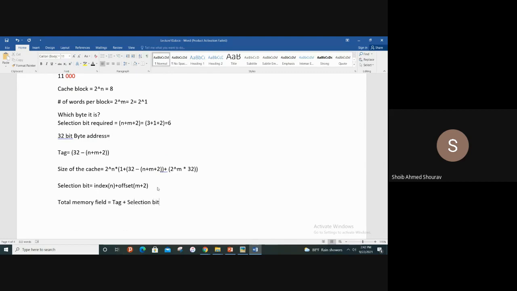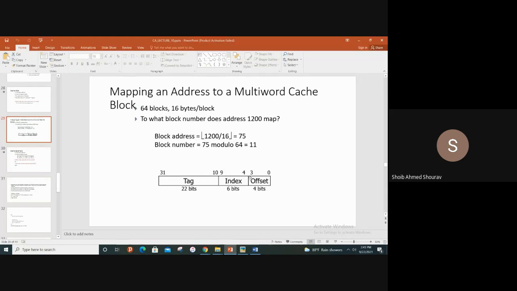Please respond. Yes, sir. So I can say it is tag plus index plus offset. Can I say that? Please respond. Yes, because the selection bit is index plus offset. The total memory field is tag, index, offset.